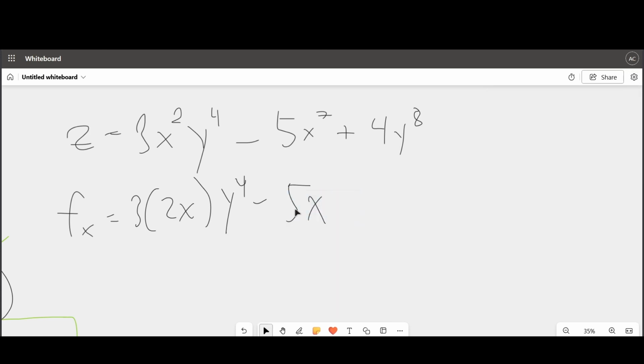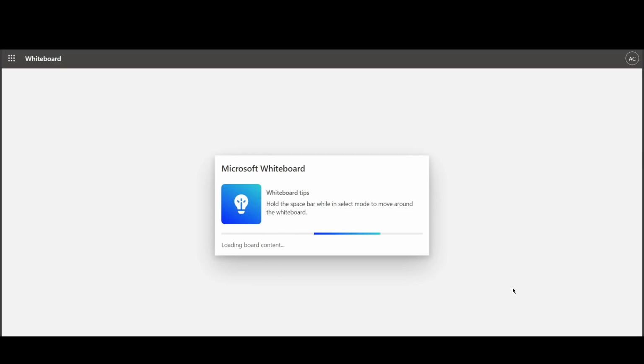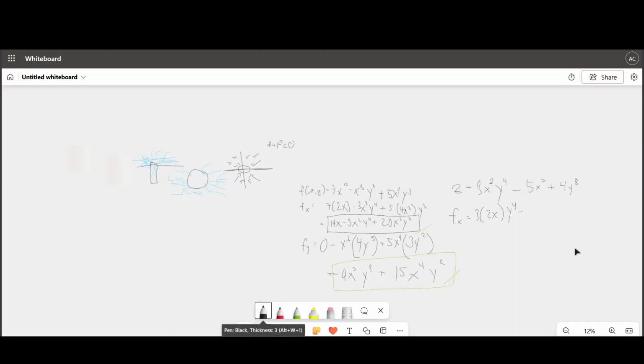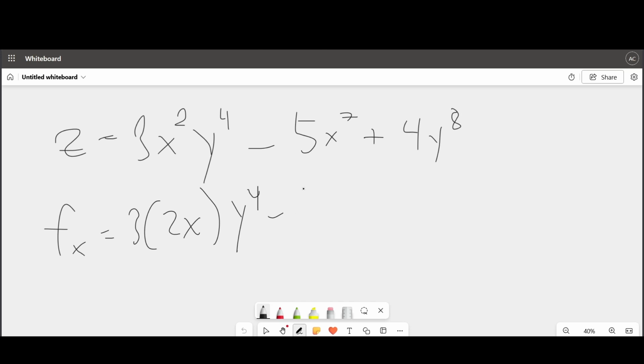Wait, let me just find the... It's actually wrong. So we got 5x. Oh, no. Oh my god, why is my Control Z not working? I don't know why, but my Control Z is not working right now. This is going to be very, very hard to do.